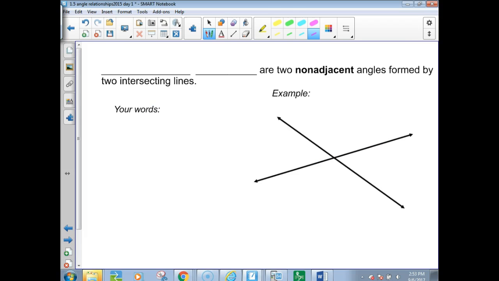Okay. Next kind, vertical angles. Vertical angles are two non-adjacent angles formed by two intersecting lines. So draw a pair of lines that cross, similar to mine.